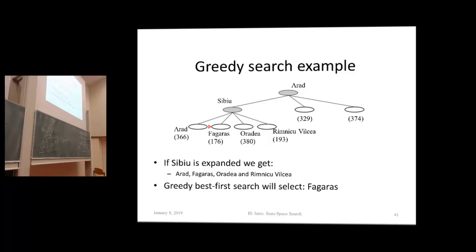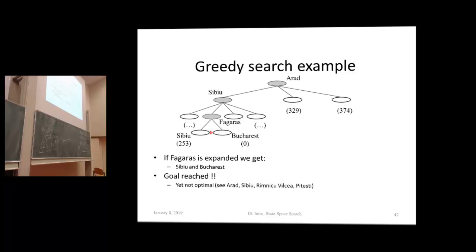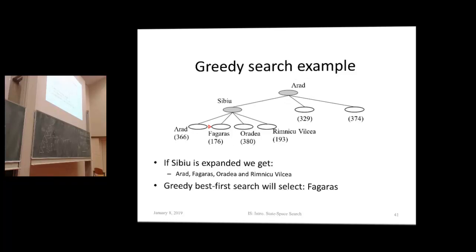But then I look up in my fringe, because these 6 are now my fringe. I look at the one which is the closest, which is Fagaras. I expand Fagaras and I get to Bucharest. So now, this is what's called greedy best first search. I have a list which I order according to the heuristic. I take the one that's best, and greedily means I always go directly to the one that's closest to Bucharest according to the beeline distance.